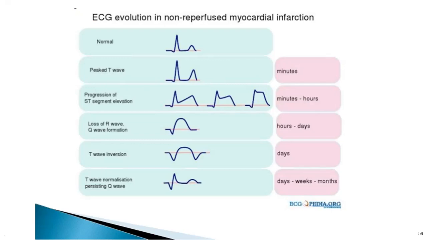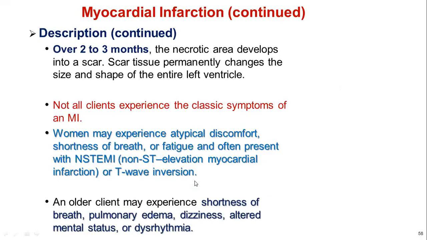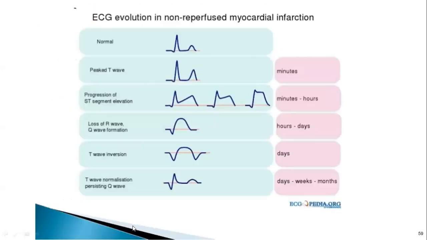T-wave inversion is also an EKG finding of myocardial infarction. Also we will get an abnormal Q wave in this picture. What else? The older client may experience shortness of breath or pulmonary edema, dizziness, altered mental status, and dysrhythmias.